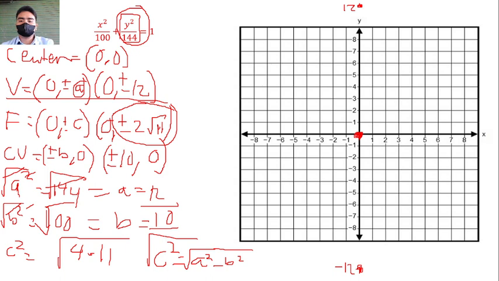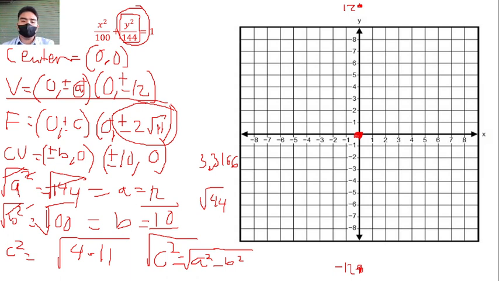Square root of 11 is 3.3166. Or, if you are going to have 44 a while ago, no? It's the square root of 44. You could have 6 point something.